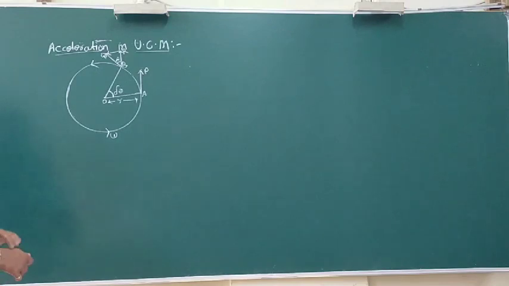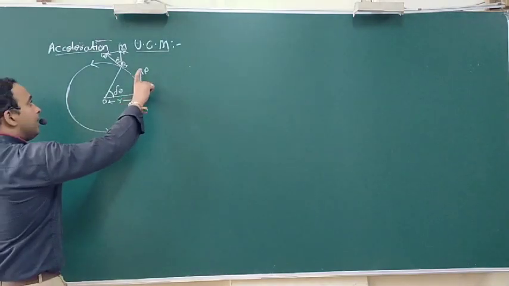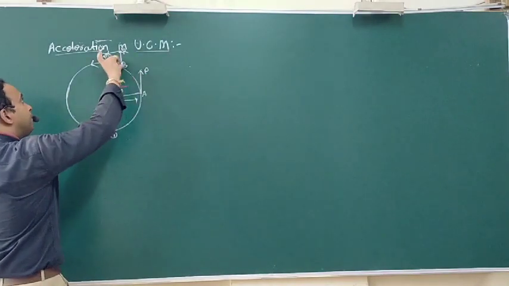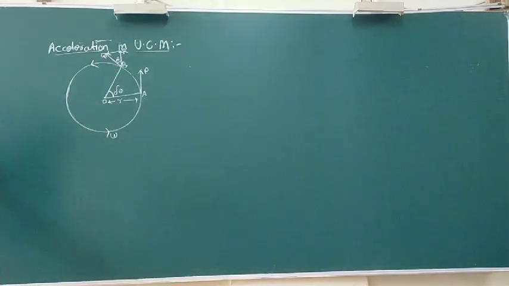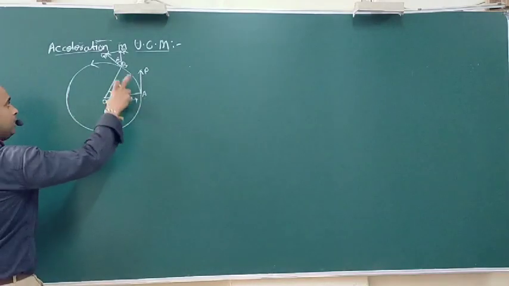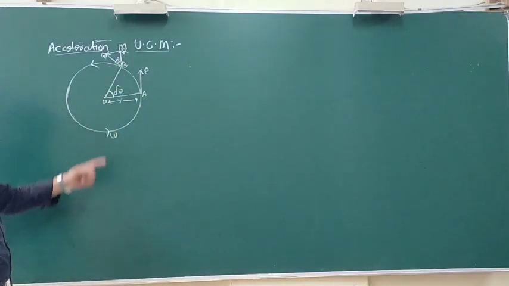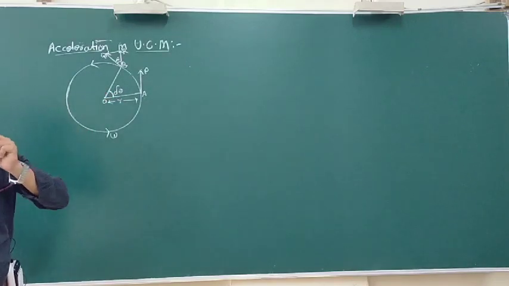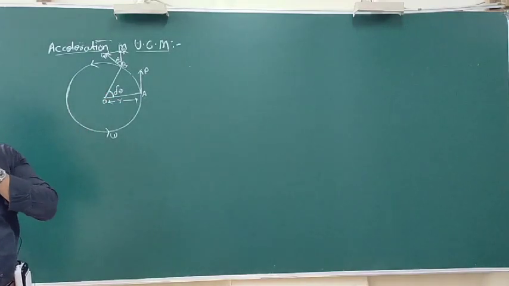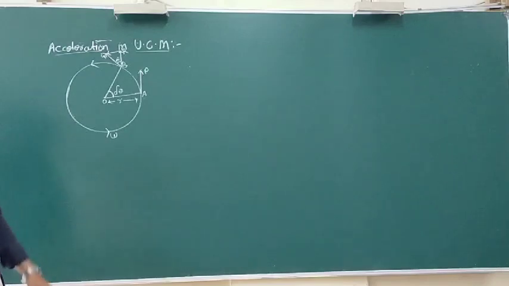Let AP bar and BQ bar be the linear velocities at point A and at point B. This OA and OB make an angle delta theta at the origin of the circle.